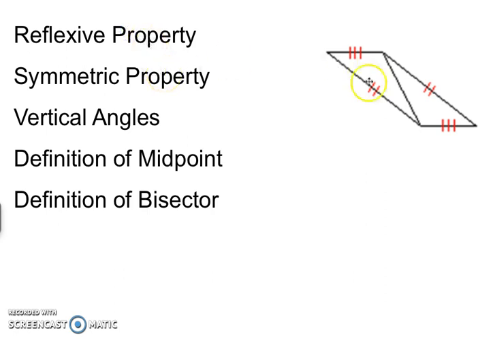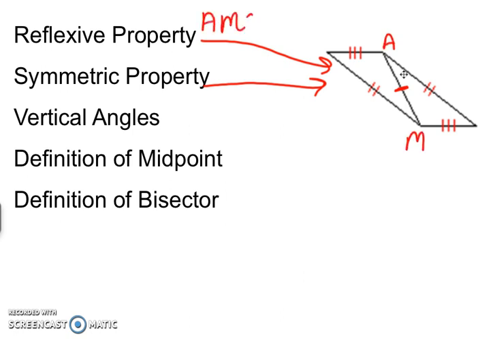So remember yesterday when we could make the mark on this right here to do side, side, side, okay? When you make that mark, it's either called reflexive or symmetric by how you name it. So for example, let's give me two letters, A and M. So reflexive is going to say AM is congruent to AM, okay?